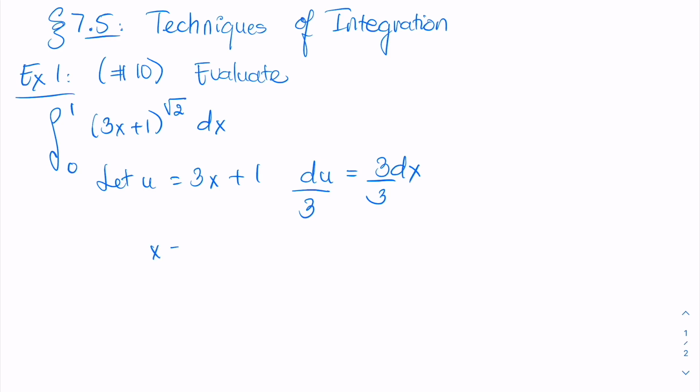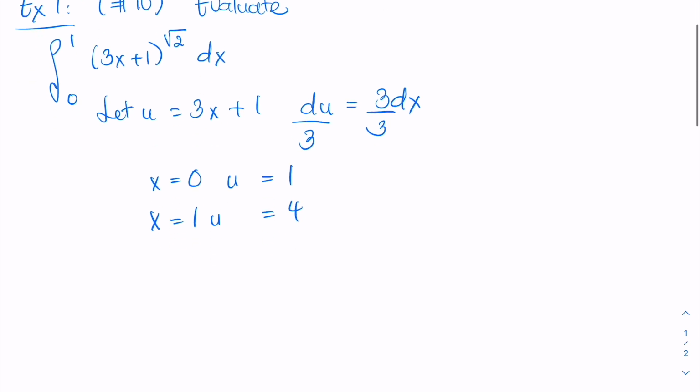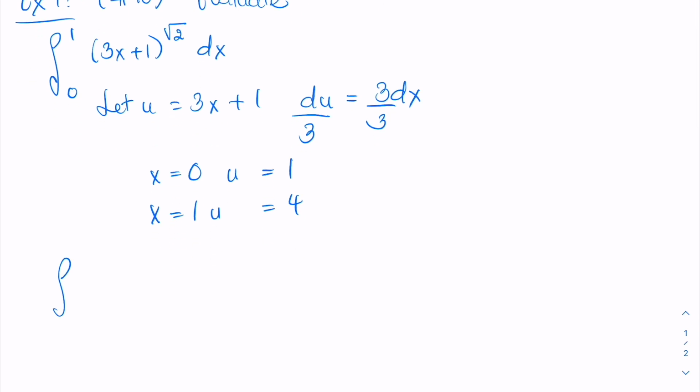So when x equals 0, u is going to be 1. When x equals 1, u is 4. So now I can just write 1 and 4.